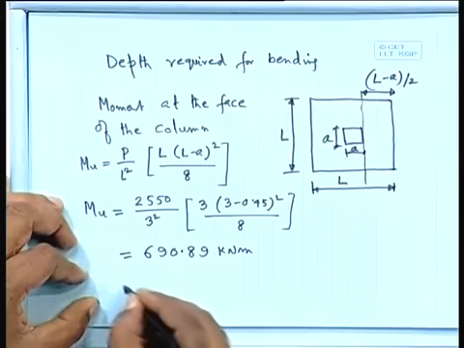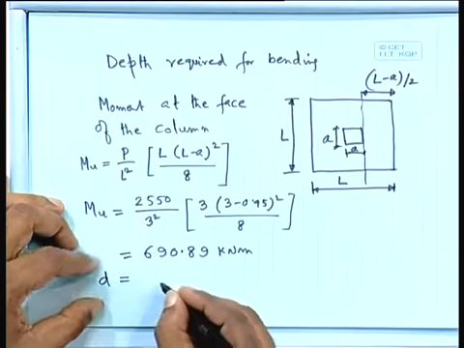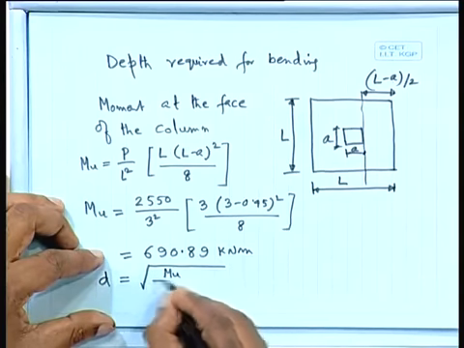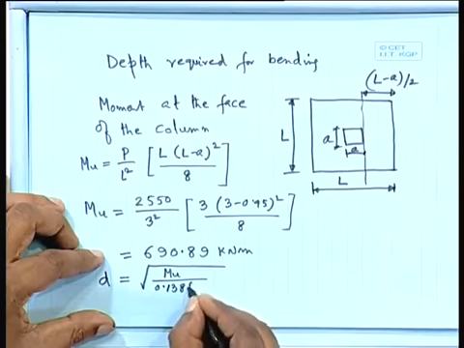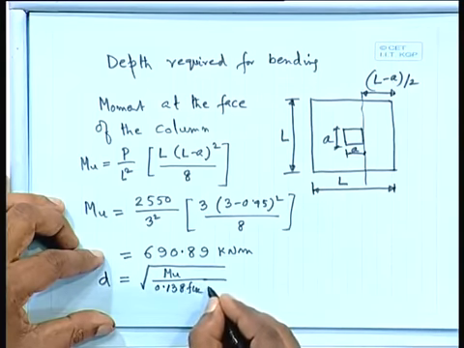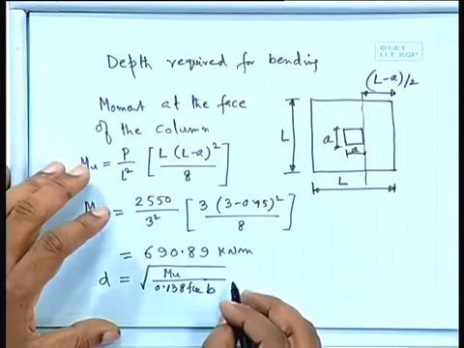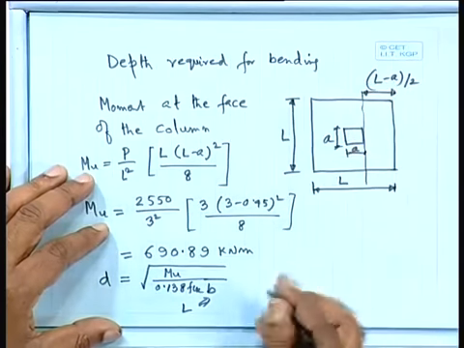Therefore we can write down D here itself. D will be equal to the same formula, Mu by 0.138 FCK times B. B is here nothing but L, because we are talking about L here.